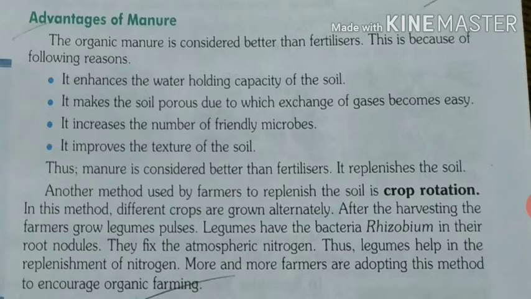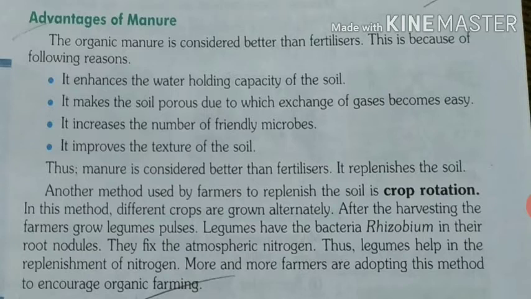Another method used by farmers to replenish the soil is crop rotation. In this method, different crops are grown alternately. After the harvesting, the farmers grow legume pulses. Legumes have the bacteria rhizobium in their root nodules. They fix the atmospheric nitrogen.